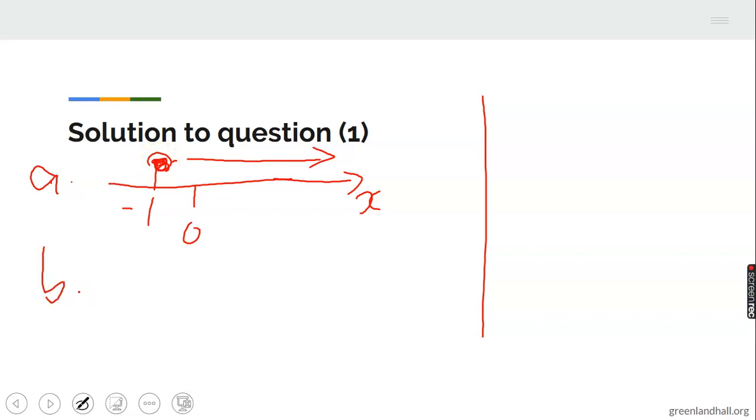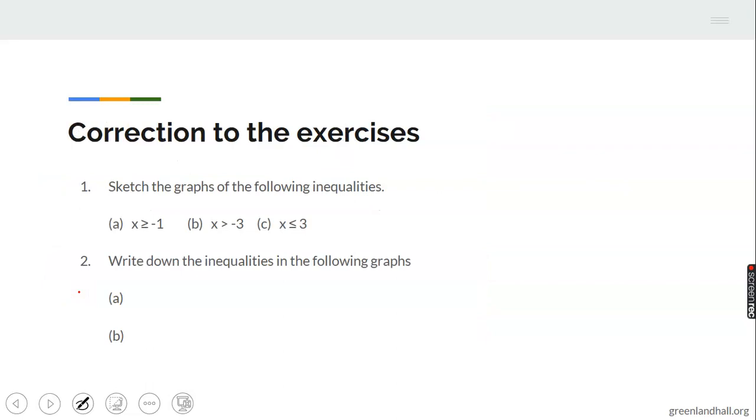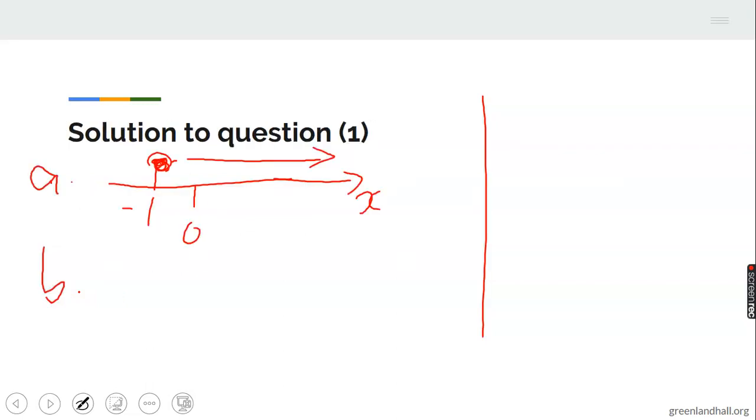Then for the other part, we have x greater than minus 3. Minus 3 is here. 0 is here. x is greater than what? Minus 3.